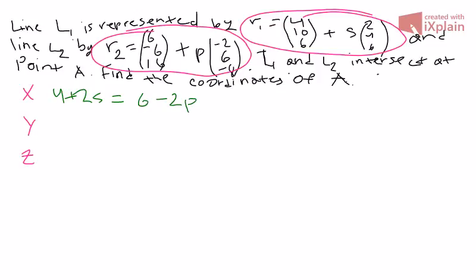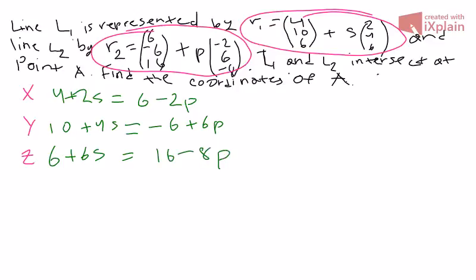Now, moving on to the y. 10 plus 4s is equal to negative 6 plus 6p. Then, moving on to the z. 6 plus 6s equals 16 minus 8p.